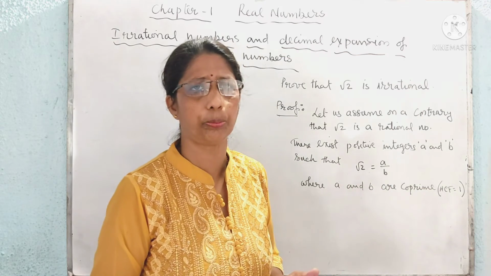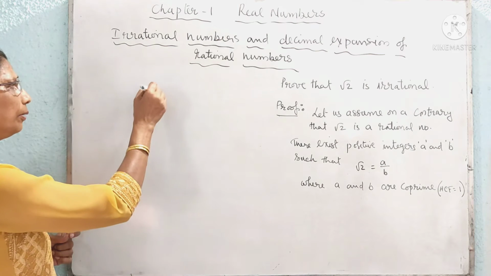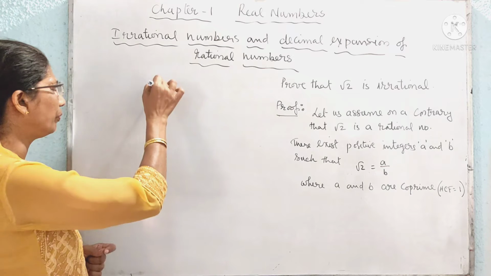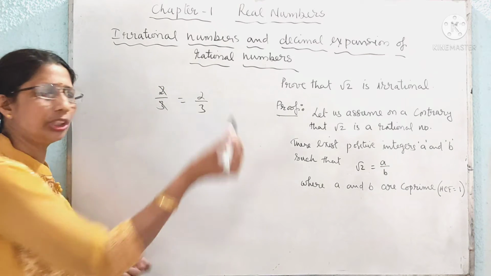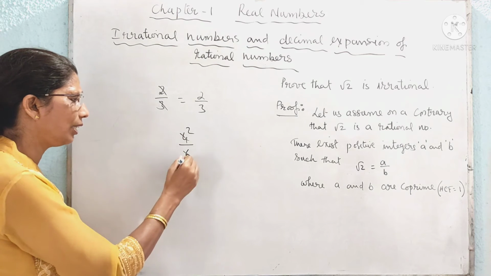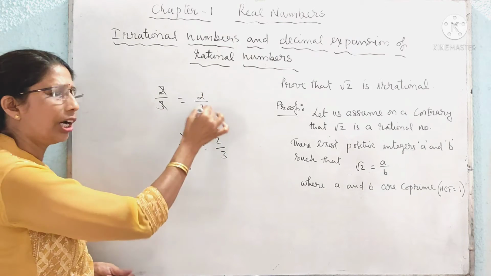What is the meaning of co-prime? I am explaining that here. Co-prime means, just listen here, I have written 2 upon 3. We cannot cancel these two. This is the simplified form, 2 by 3 only. If I write 4 by 6, we can cancel with 2, then we get 2 by 3. Here 2 and 3 are co-prime.